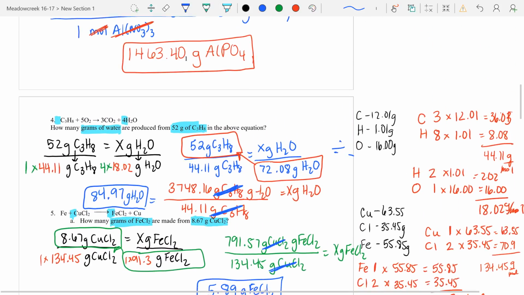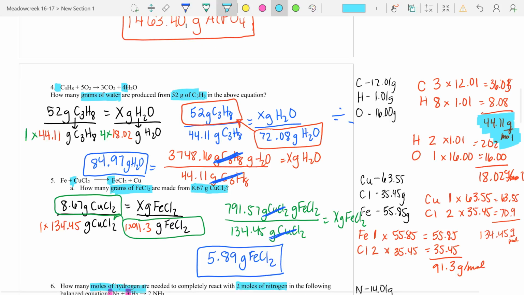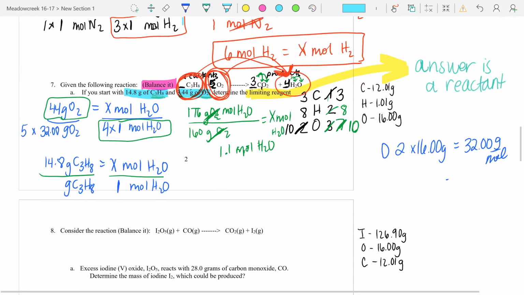Yes, we did, in problem number 4. In problem number 4, we calculated C3H8 to be 44.11 grams per mole. Yay for not having to calculate that again, which means it's a good thing I showed my work. So I can write my 44.11 grams right there.